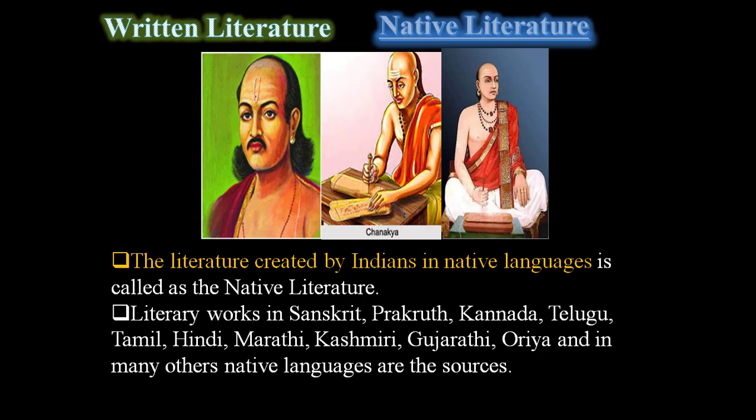The literature can be created in native languages like Sanskrit, Prakrit, Kannada, Telugu, Tamil, Hindi, Marathi, Kashmiri, Gujarati, Oriya, and many other native languages, and these major sources are considered native literature.